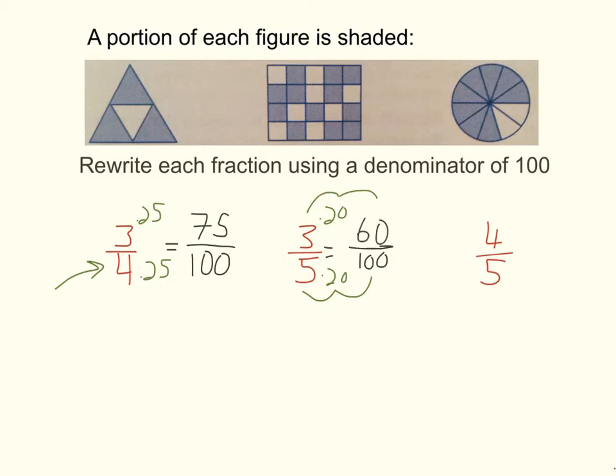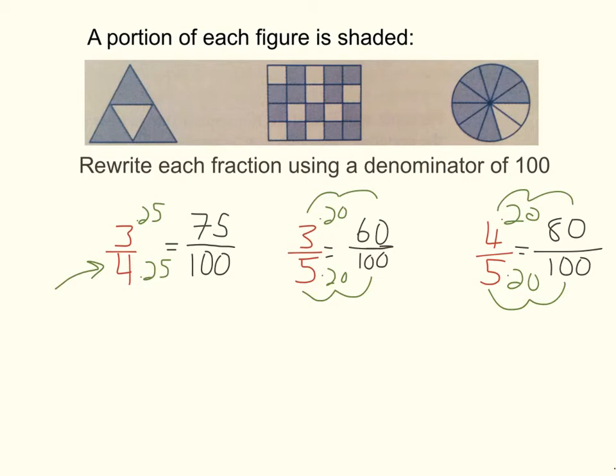And the last one, in order to get 4/5 to an equivalent fraction over 100, I would again just multiply by 20, because 5 times 20 is 100, and 4 times 20 is 80.